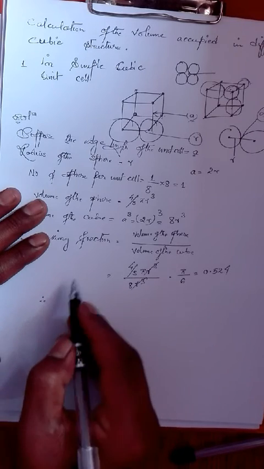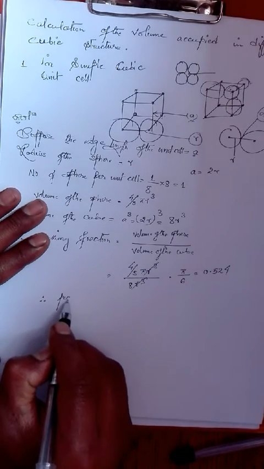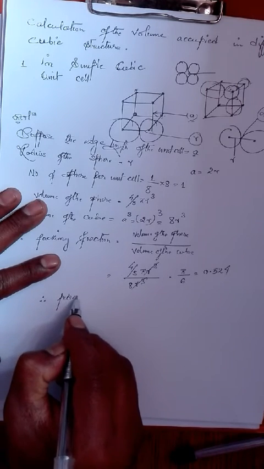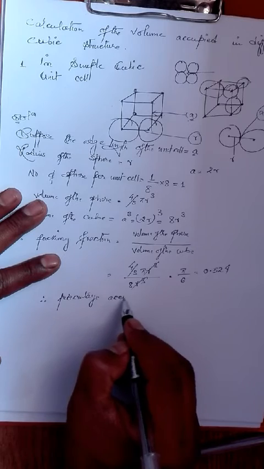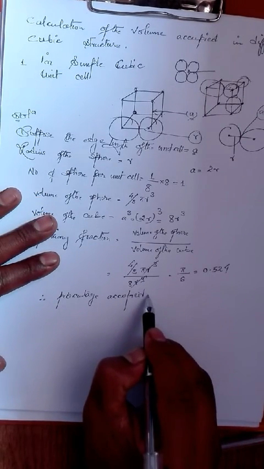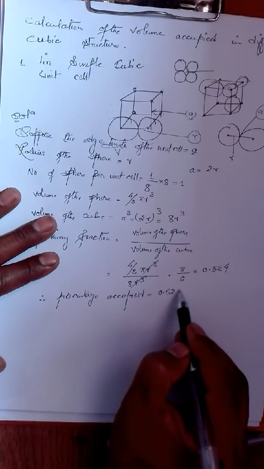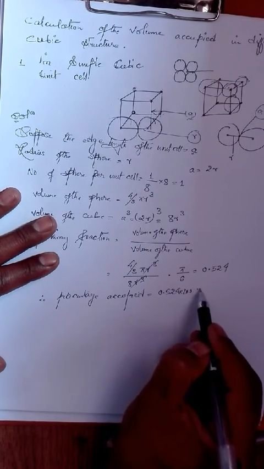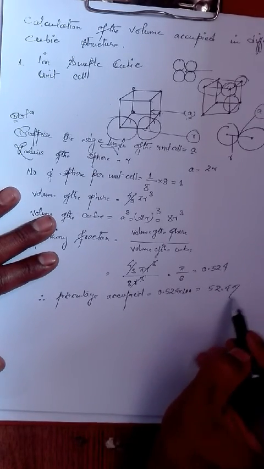Therefore, percentage occupied is equal to 0.524 into 100, which will be equal to 52.4%.